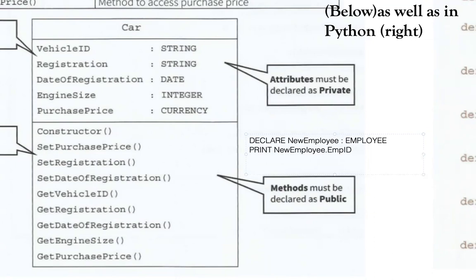I could do that very easily because employee ID and all other fields for a record are public, and you can easily access them through the dot notation. On the other hand, if this was an object, I could not do this with dot notation. I cannot access individual fields through dot notation.